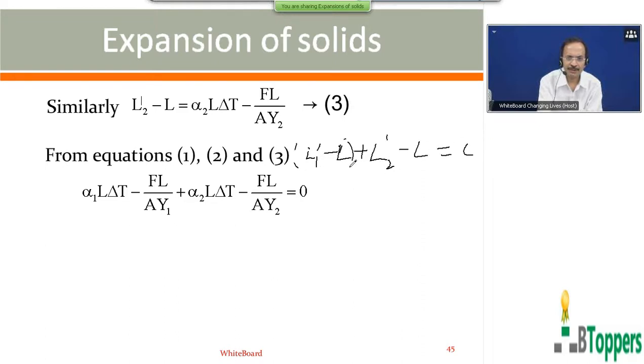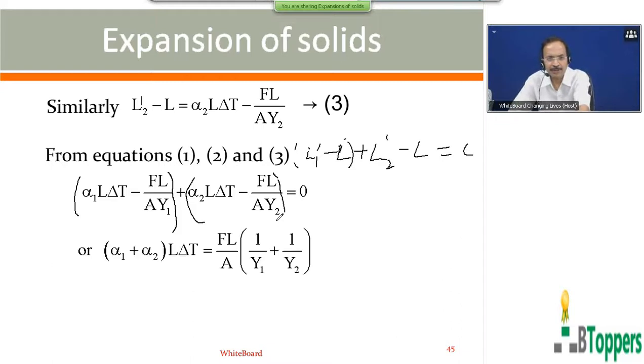So I have substituted L1 dash minus L equal to alpha 1 L delta T minus FL by A Y1. Similarly, L2 dash minus L can be written as alpha 2 into L delta T minus FL by A Y2.